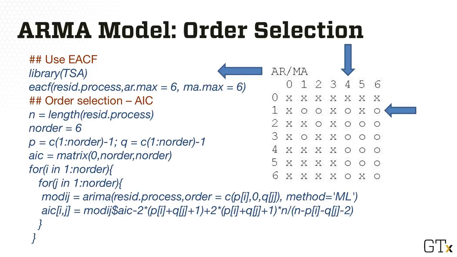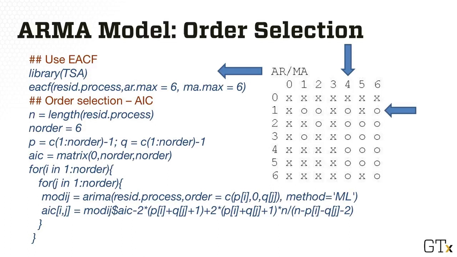We can also select the orders using the minimum AIC. For this, we need to fit the ARMA model for all combinations of AR and MA orders up to a maximum order for both. Here I set the maximum order to be 5 and consider orders from 0 to 5 for both the AR and MA component.